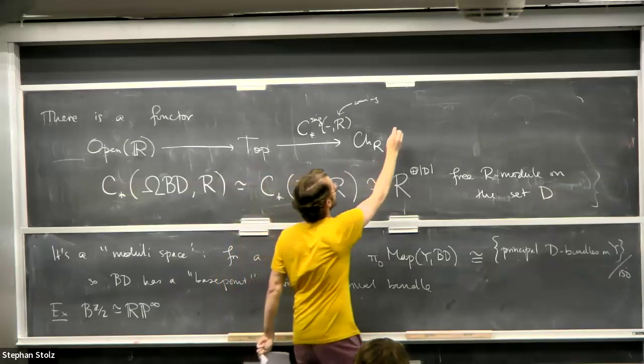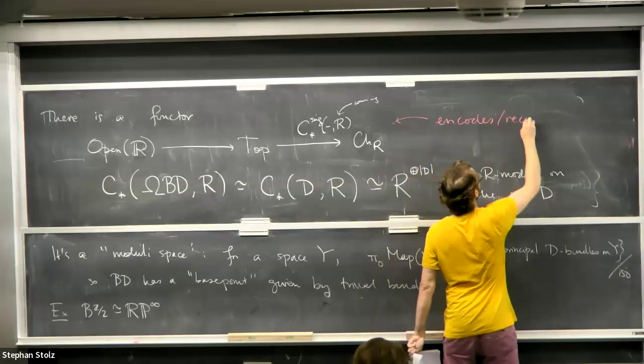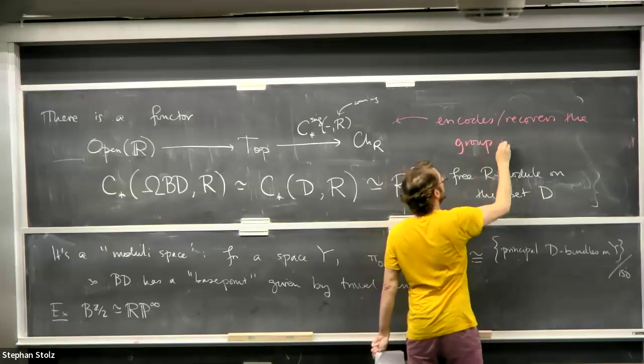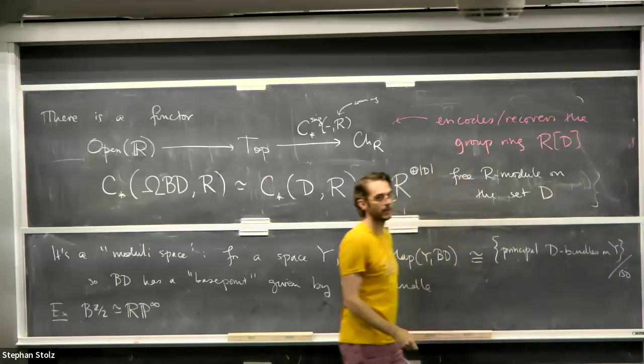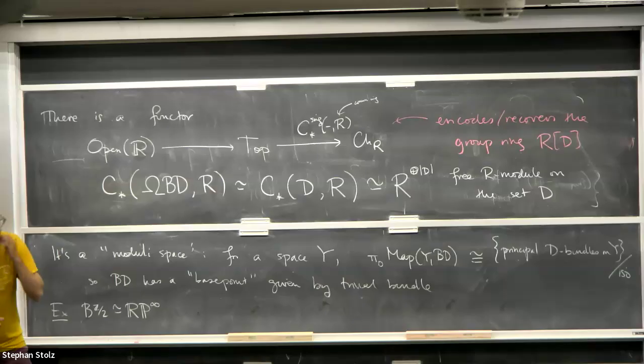So this composite encodes, or if you want, recovers the group ring of D with coefficients in R.